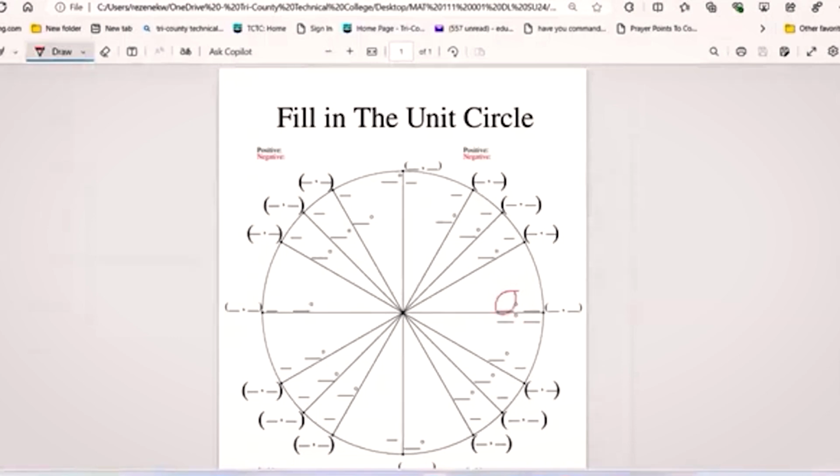I am looking at the standard angles. This is 30 degrees. And this is half of the first quadrant, 45 degrees. And this is 60 degrees. And this is 90 degrees. Let me write 90 here.